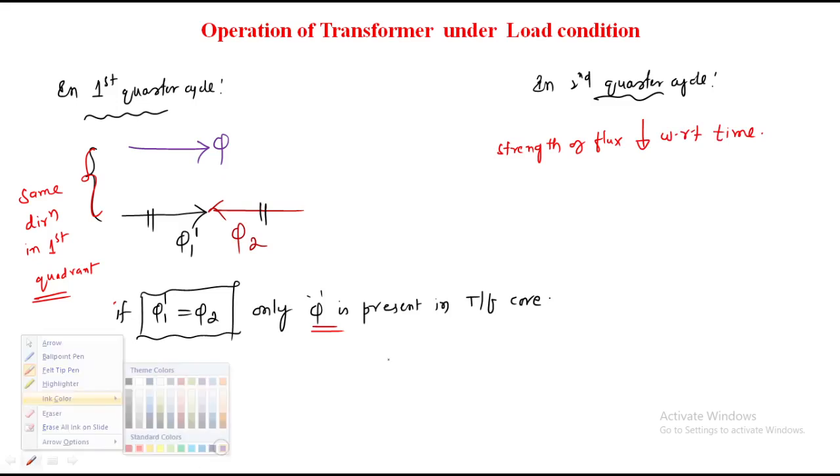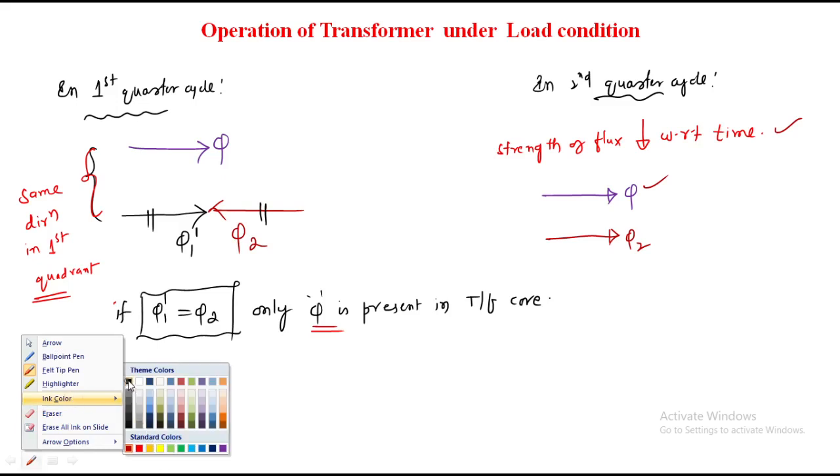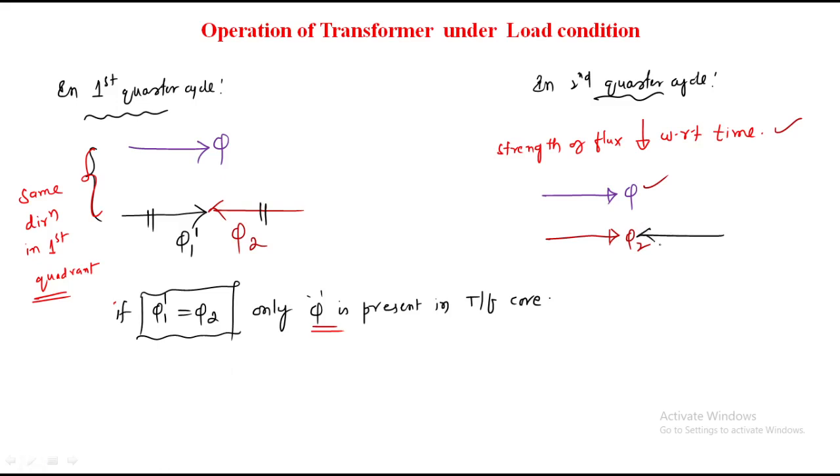Let us take, this is phi. So what will happen? The phi 2 should always strengthen this flux, because the strength of flux is decreasing with respect to time. In order to strengthen this flux, it has to act in the same direction as this flux, right? Then what about phi 1 dash? Now phi 1 dash should be like this, opposite to phi 2. Now what is the direction of phi and phi 1 dash?